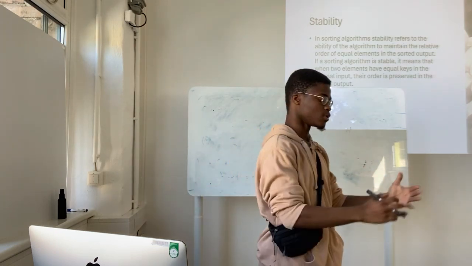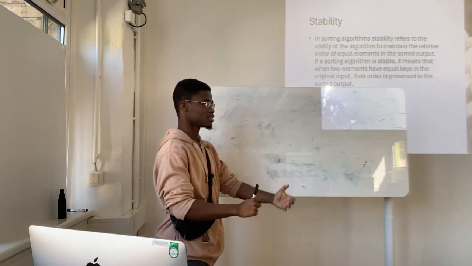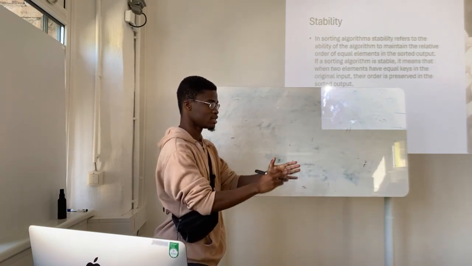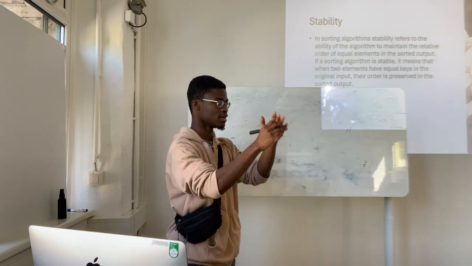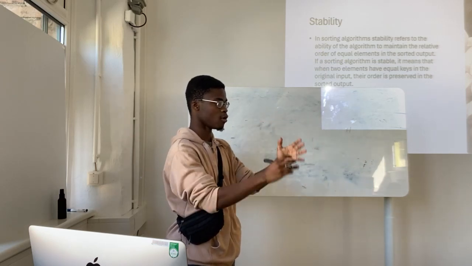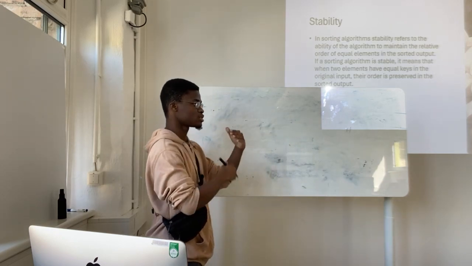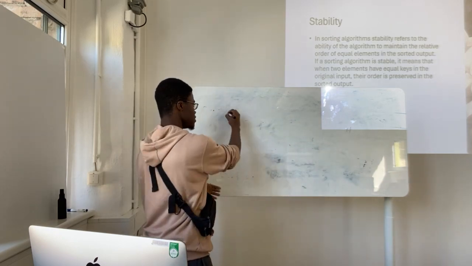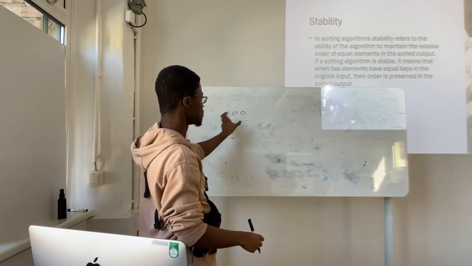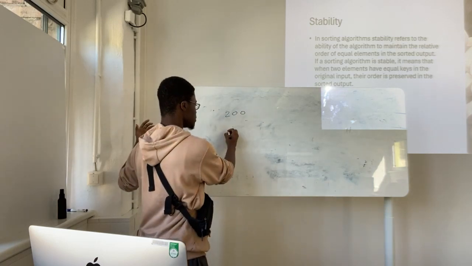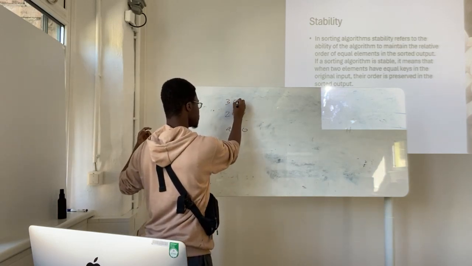Say you were sorting by transaction amounts. Maybe you have a table for a user, and each user has an account table for all the transactions they've made, and you want to sort by those transactions. Maybe a user has made transactions for 200 euros, 400 euros, 300 euros.